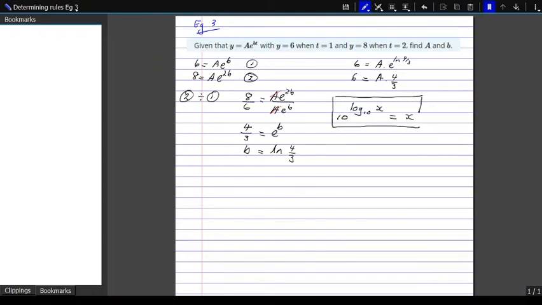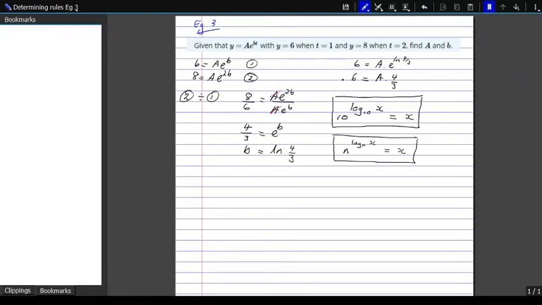Regardless of whatever this base is, we could apply that to any base. So n to the power of log base n of x will equal x. That's just in more general terms. You might occasionally come across something like that, which will allow you to simplify that exponential and logarithmic combination.